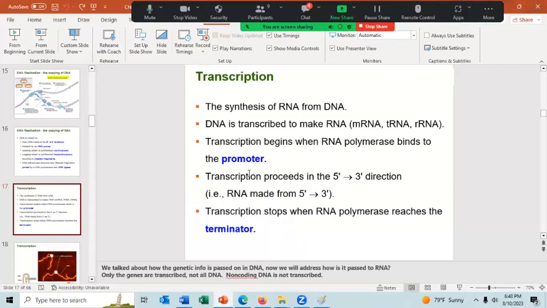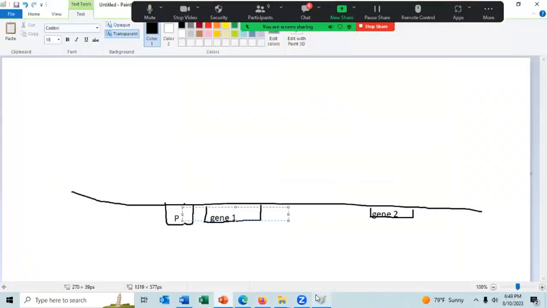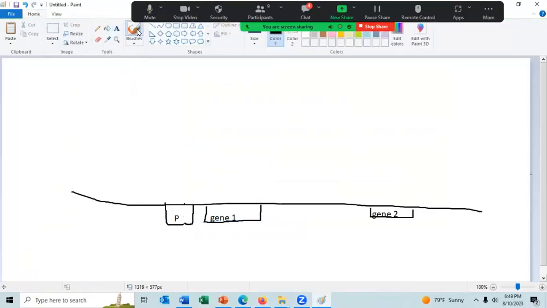All right, and then the RNA polymerase moves in the 5' to 3' direction. So RNA is made in the 5' to 3' direction as it is transcribed. Let me go to my picture again. RNA will be made about here, and this RNA will actually hydrogen bond to the single strand of DNA.